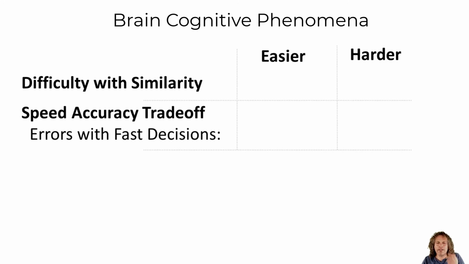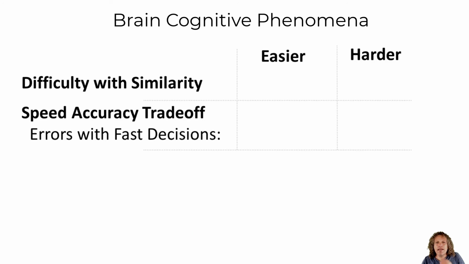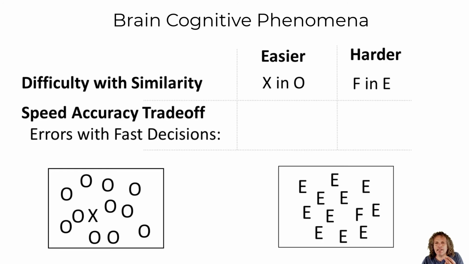Difficulty with similarity is observed when brains recognize patterns in a cluttered environment, and the patterns vary by similarity. It is easier for us to recognize different patterns, like finding X within O's, than similar patterns, like finding F within E's.